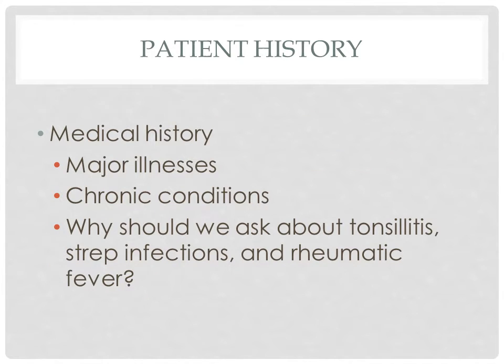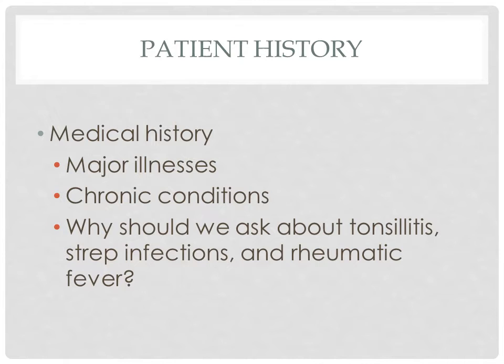For the medical history, you want to take a look at major illnesses or chronic conditions they have. These may include diabetes, renal disease, anemia, hypertension, stroke, bleeding disorders, connective tissue diseases, chronic pulmonary diseases, heart disease, and thrombophlebitis.